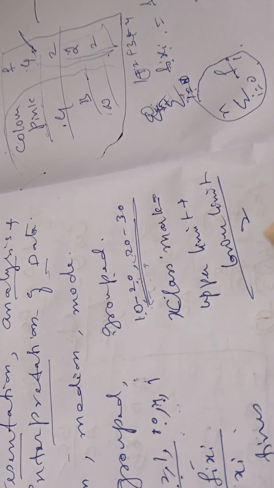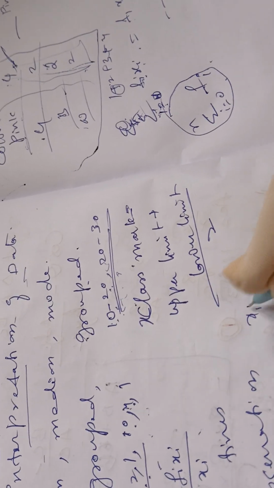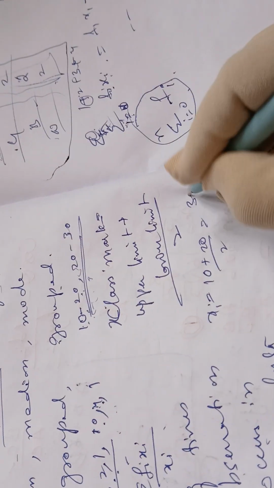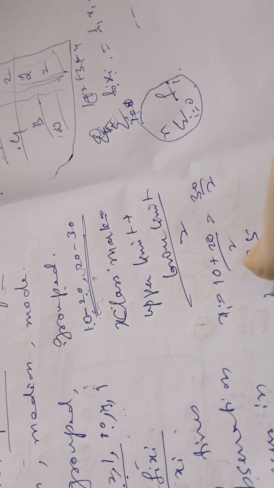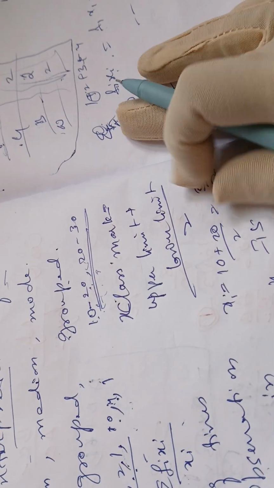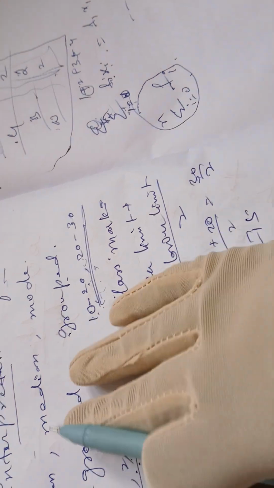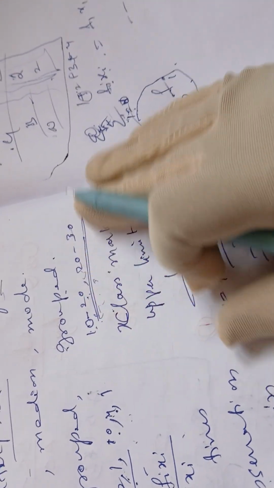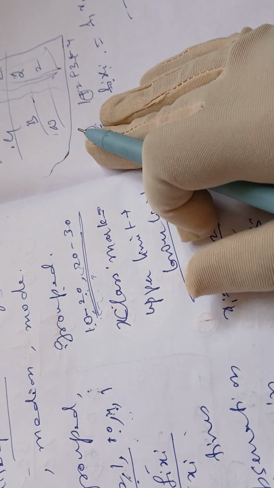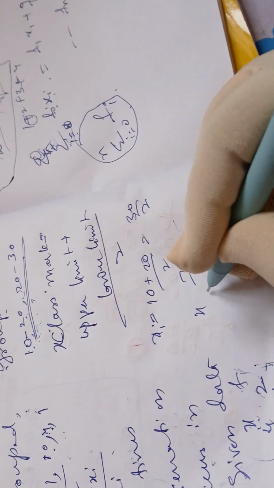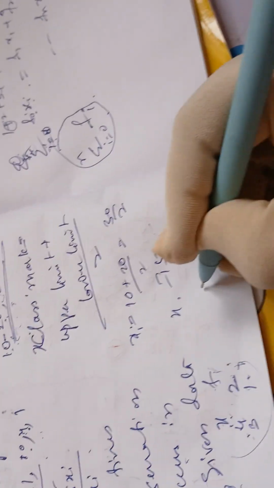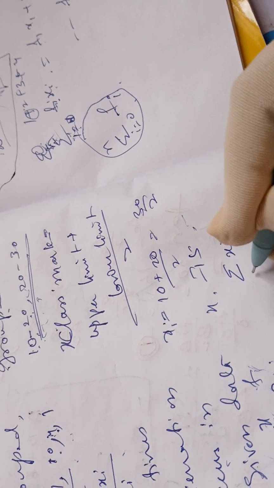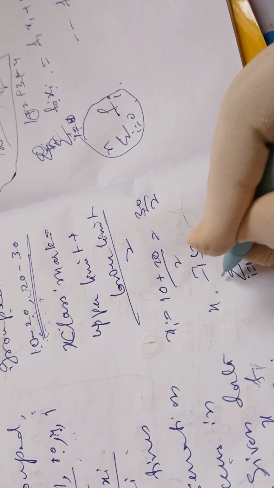For example, x1 is 10 plus 20 by 2, that is 30 by 2, so the class mark is 15. Like this we have to calculate for n number of classes, for as many classes as are given, we have to find the x value. So we can write it as summation of xi, i equals 1 to n.